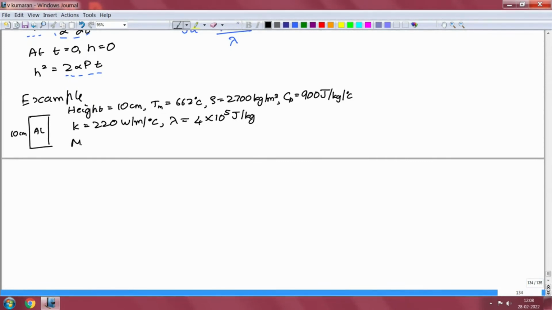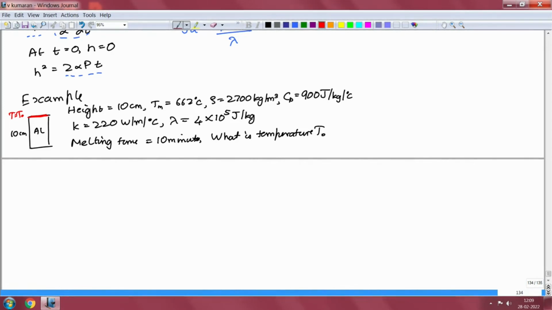And I want to melt this entire 10 centimeters within a time period of 10 minutes. What is the temperature T naught that I have to apply at this top surface, so that this entire ingot of aluminum of height 10 centimeters gets fully melted within 10 minutes?